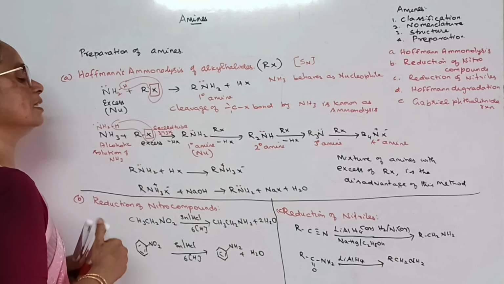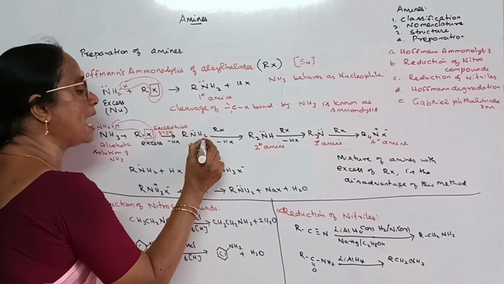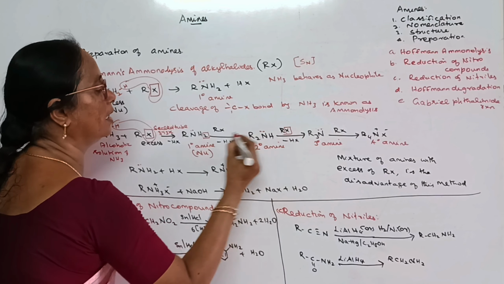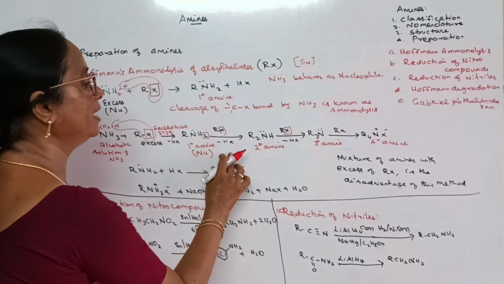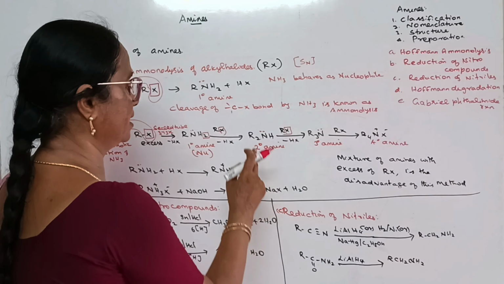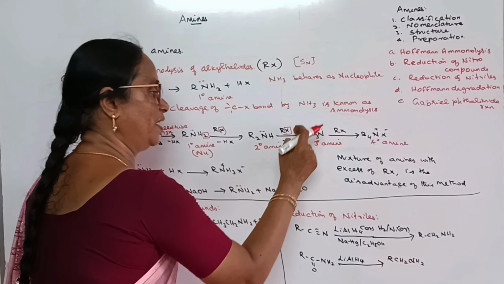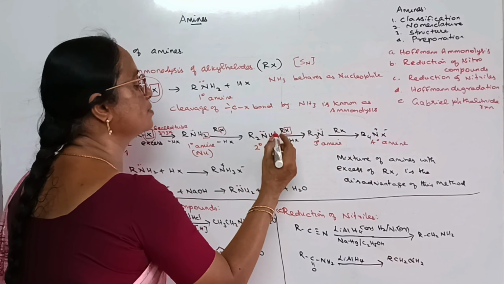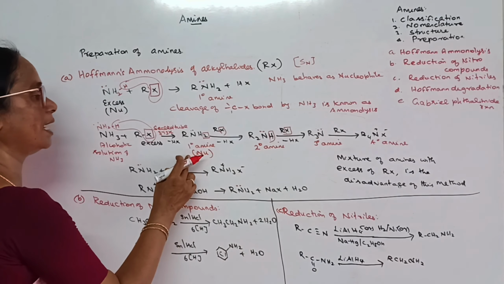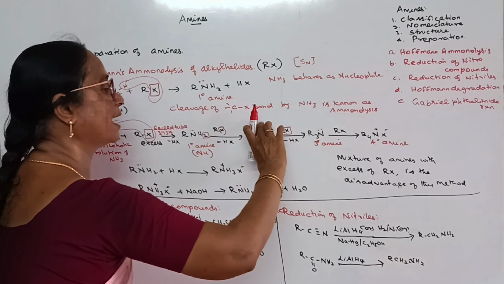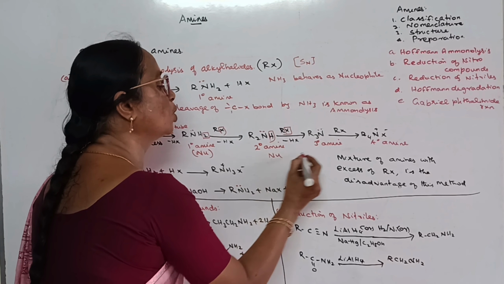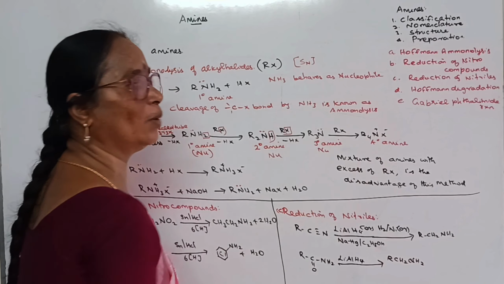In every case, a hydrogen atom of the NH2 group is substituted by an alkyl group, so we lose HX, one more alkyl group gets added, and hence we have R2NH. If I have one more RX, then minus HX, I will get R3N. In all these cases, the primary, secondary and tertiary amines themselves behave as nucleophiles for the subsequent steps.